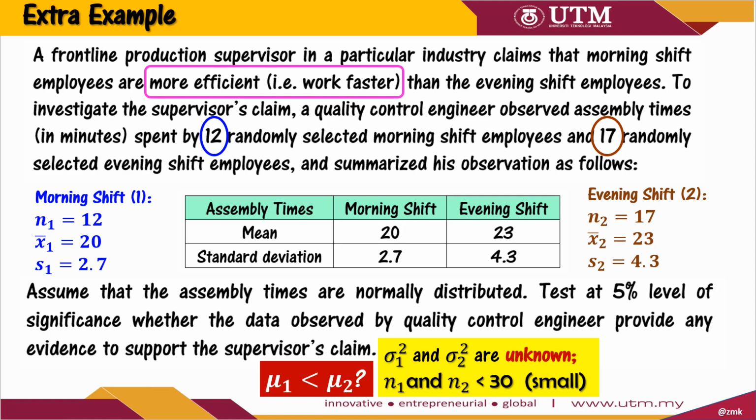Since the assumption on equality of population variances is not stated explicitly in the question, we can assume that sigma 1 squared and sigma 2 squared are unequal. Therefore, we should use case 3B to solve this question.